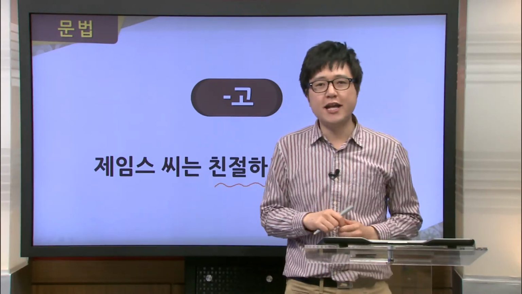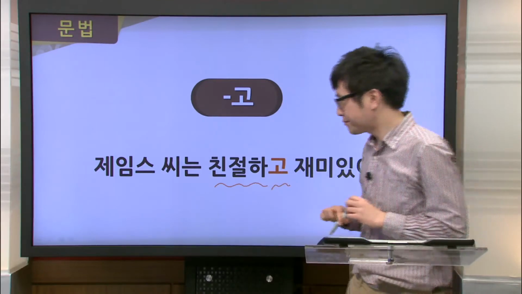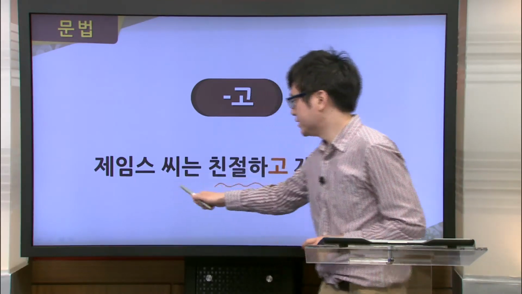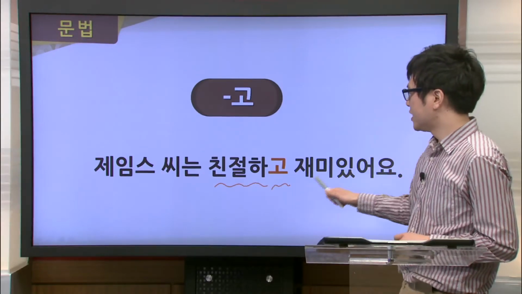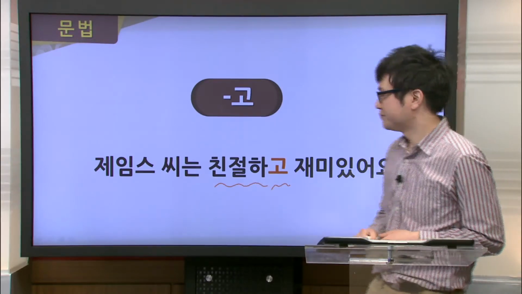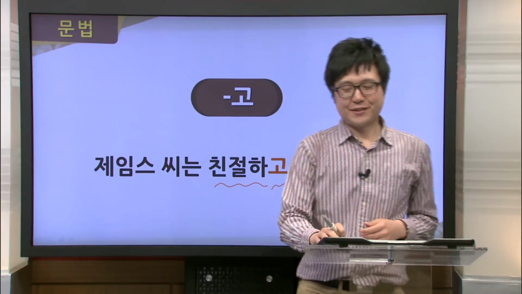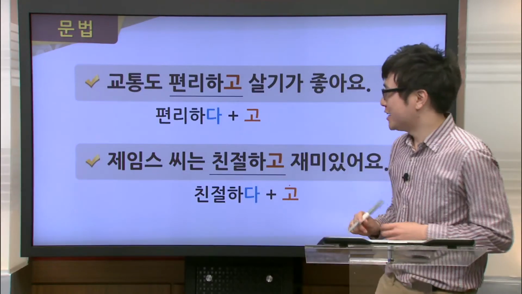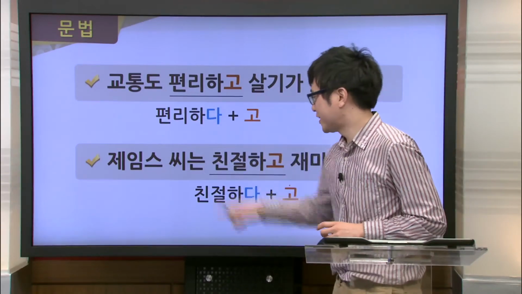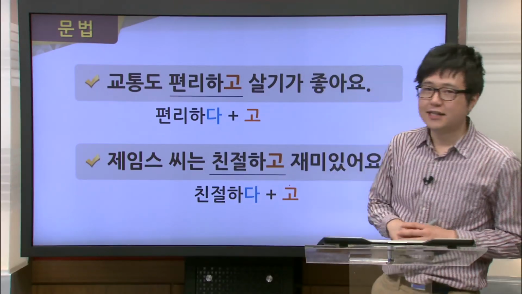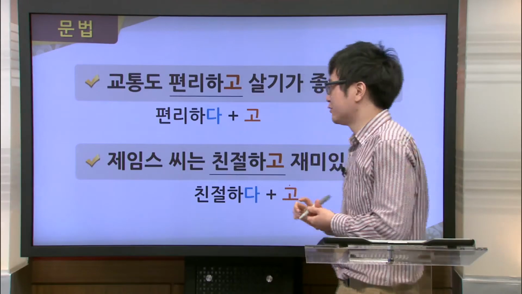Now let's go ahead and read this together. We have 제임스 씨는 친절하고 재미있어요. Great. Now, just like that, 고 is used with descriptive verbs such as 편리하다 and 친절하다. Now the usage is as follows.